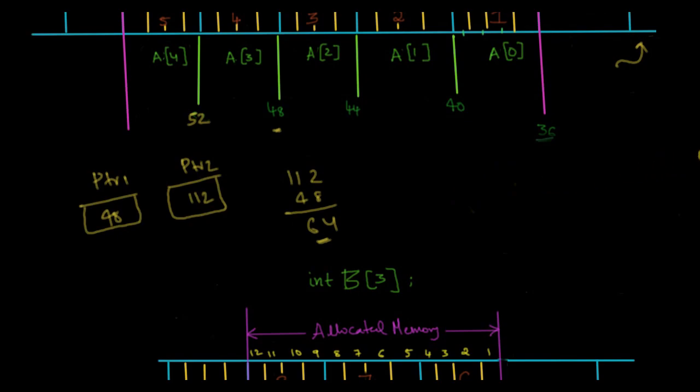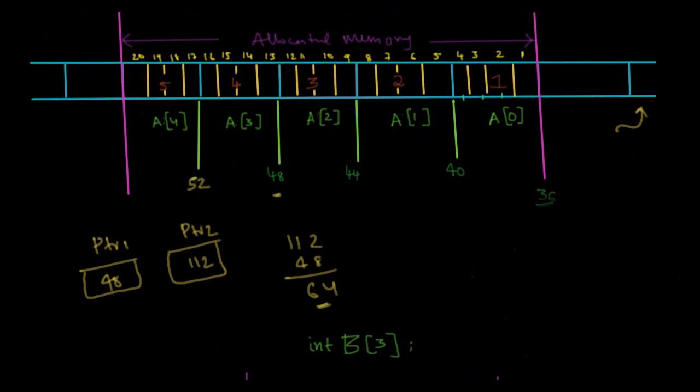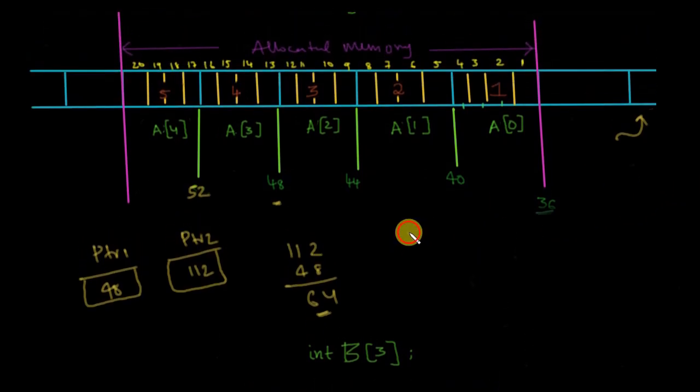So I can say that if we need to do the pointer minus pointer operation, then the first case is it should be of the same array, okay? And the second point, it should be the same type also. For example, if I take an integer pointer and a character pointer and subtract, it doesn't make any sense, right?